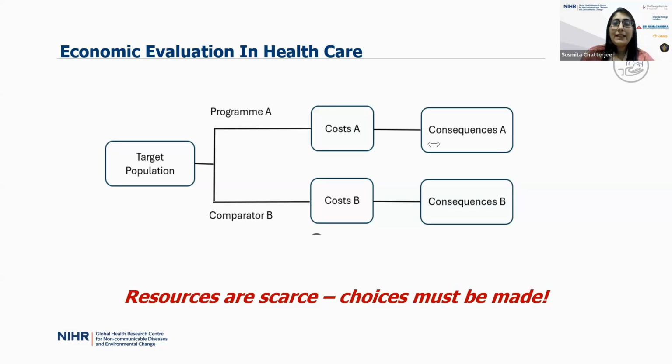The objective of COVID-19 vaccination was to reduce the severity of the disease. So if you want to measure the consequence, it was hospitalization and death, mortality and hospitalization. COVID-19 vaccination was meant for those two things.